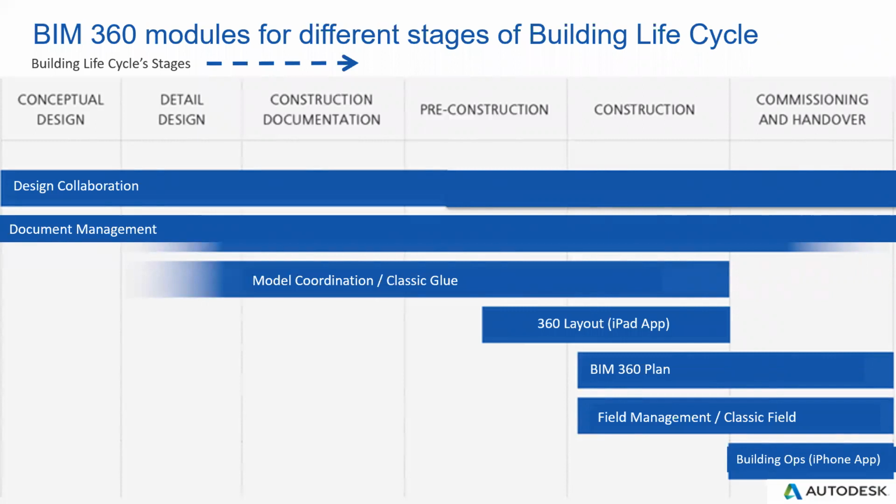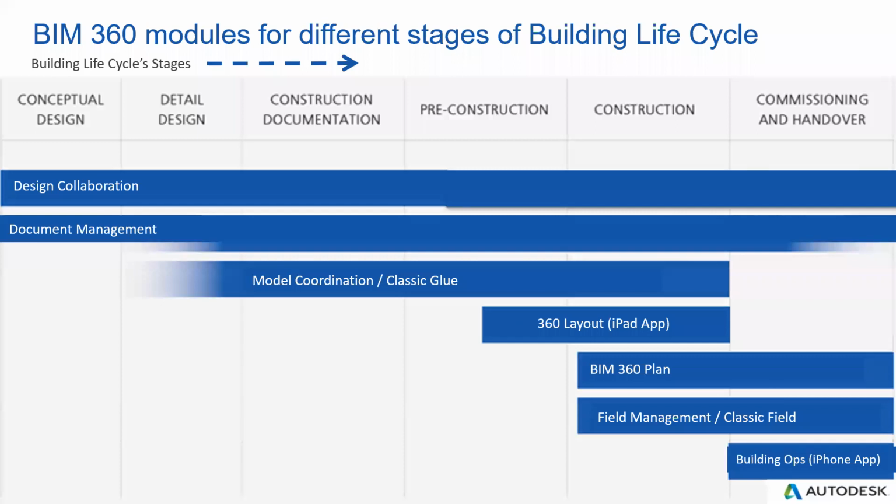Also, it allows you to do some markup or issues and version comparison between different models or drawings, which is a very powerful tool for managing all the documents of a project.